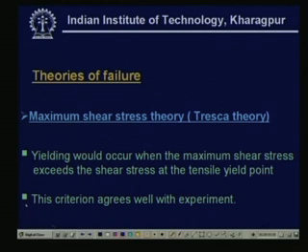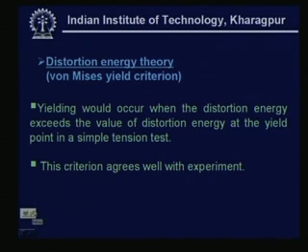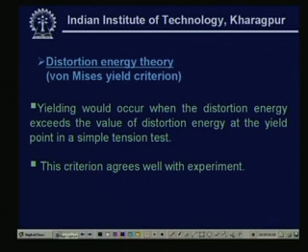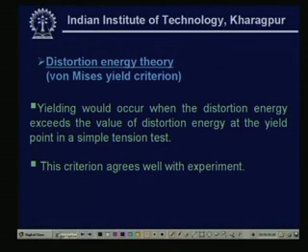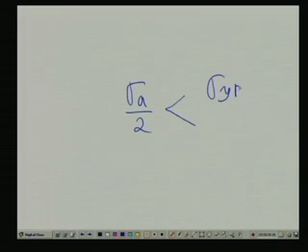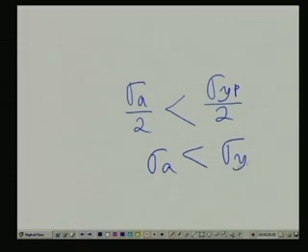So, what we get is that sigma A by 2 should be less than sigma yield point by 2, or sigma A should be less than sigma yield point.